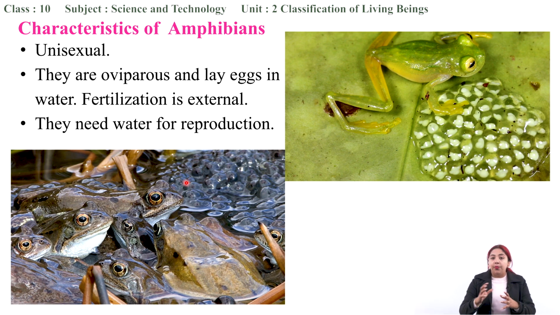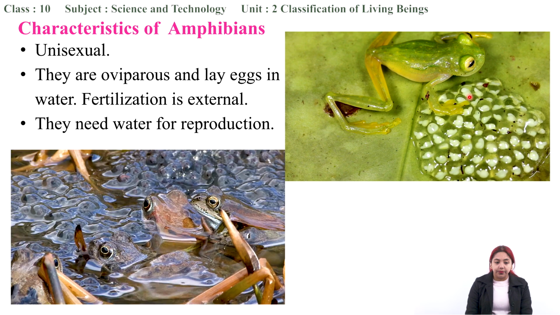Now, their body also needs water, and the eggs also must be laid in water because they do not have a protective coat that controls the evaporative water loss from the skin, from the body as well as from the eggs. So that's why they live in damp places and they breed in water due to this reason. So they lay eggs in water.